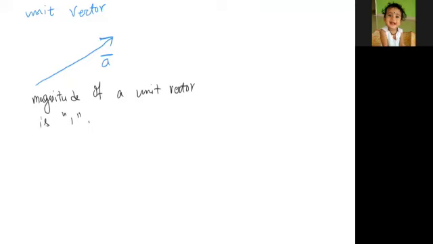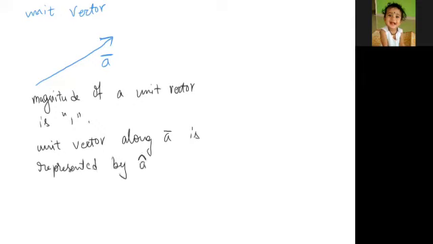So what does it mean? A unit vector along a bar is represented by a cap. Let us assume that the magnitude of this a bar is 10 units. Then a cap will be in this direction, like this.